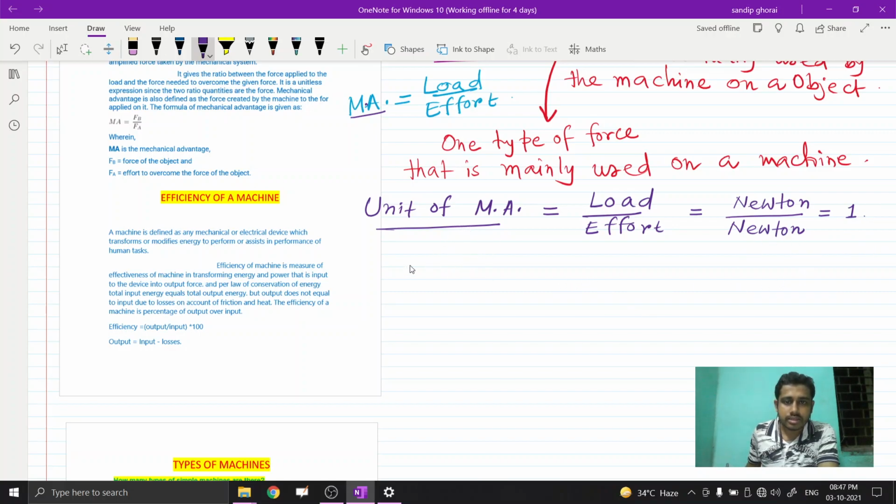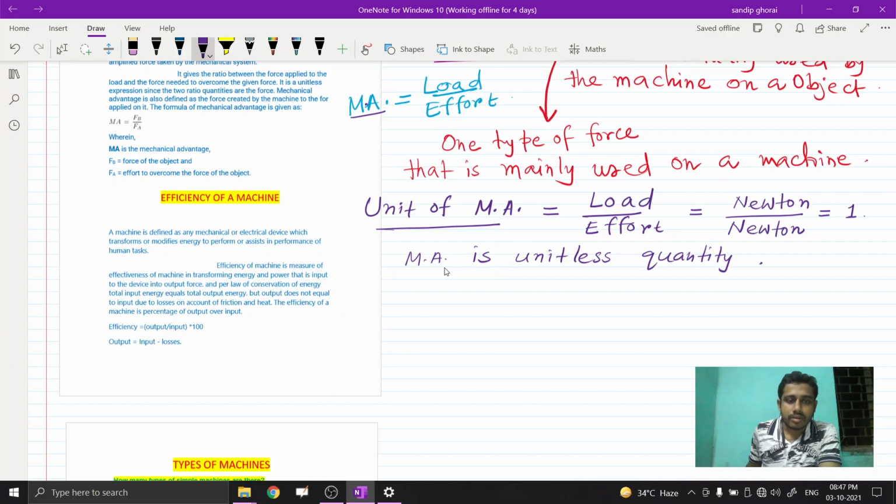That means we can say MA is a unitless quantity. Okay, so here is the concept. Mechanical advantage is the ratio of two types of force, one is load and another is effort.